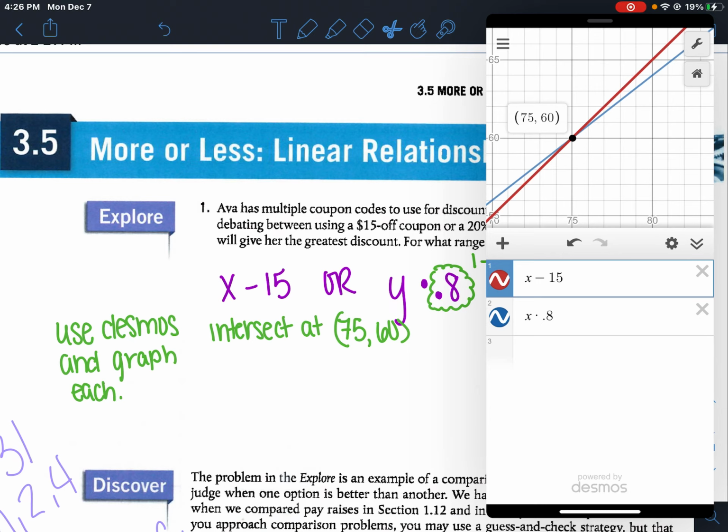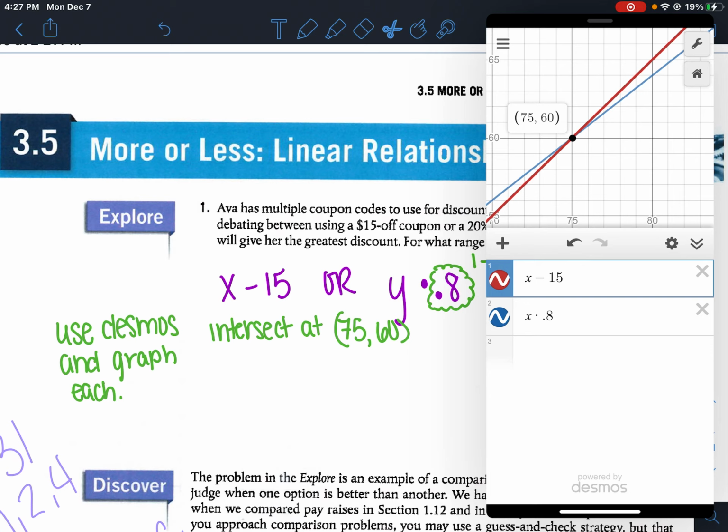X minus 15. So the original price of the item minus $15. So the price of my item is $75 minus the 15. So that equals y. So my y value is what I pay in the end. So my $75 item is now $60.